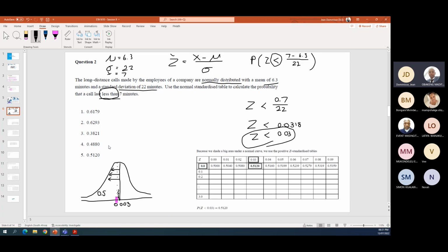So if I look at these options, it needs to be a bit more than 0.5. So I already will take out those two. This one is just a bit more, so that might be a nice one, or these two. But we are sitting with a probability that we will work out that is just more than 0.5. So we can go to the Z table.